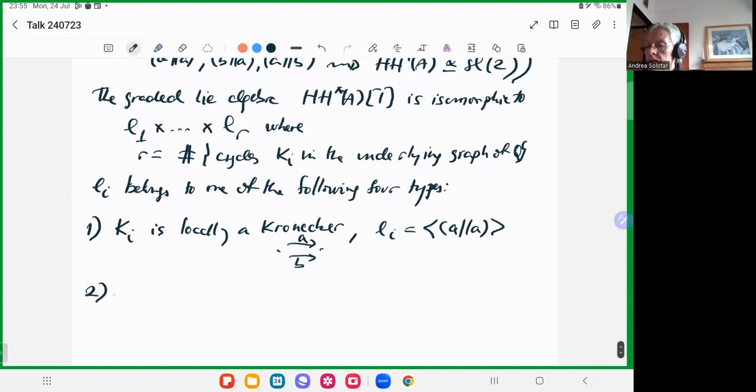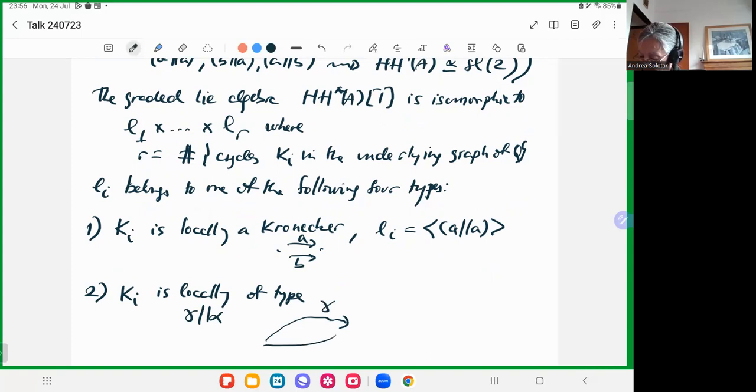The second case is when the cycle Ki is locally of type what I call gamma parallel to alpha. So I have gamma, a path, and alpha, another path. They are parallel, and here it is full of relations.